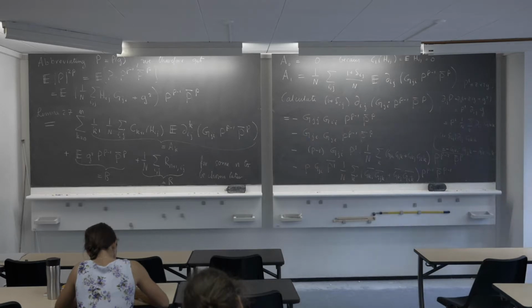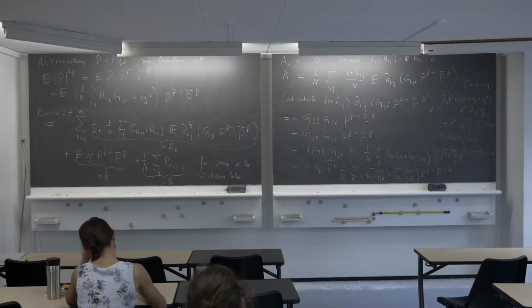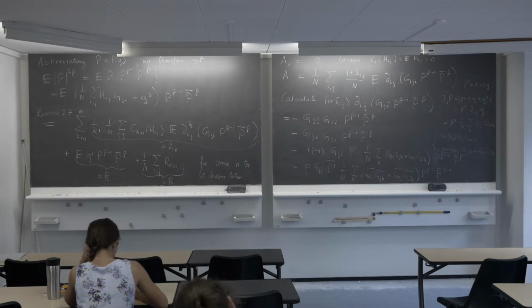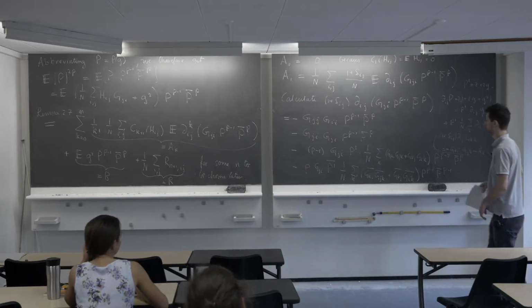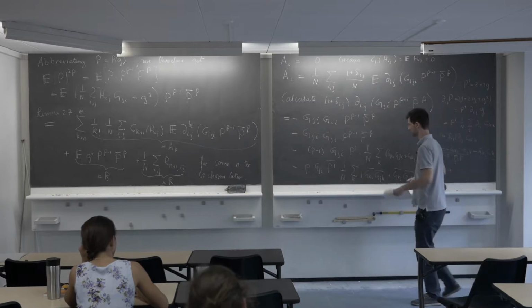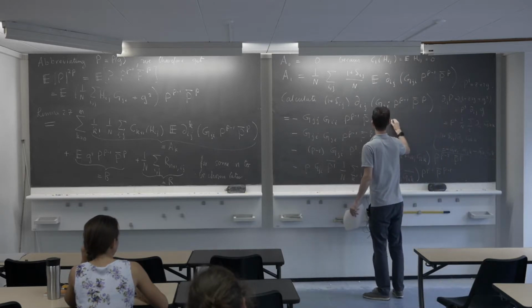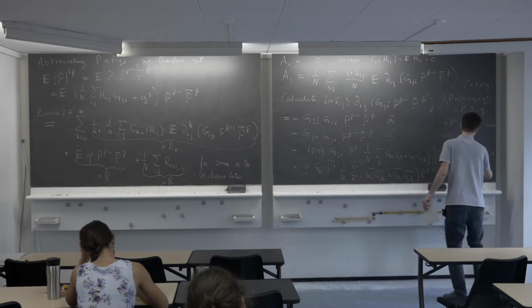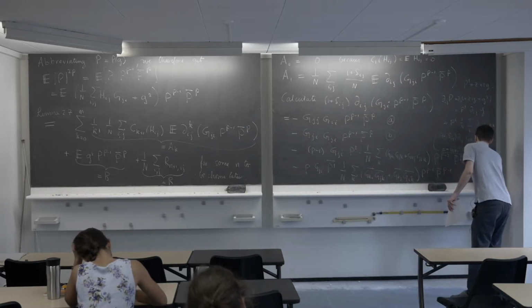So this is what I get. This is the full differentiation carried out. Is this all right? Just differentiate everything mechanically. Okay, now let's look at these terms a bit. So let me give them names. This one is A, this one is B, this one is C, and this one is D.